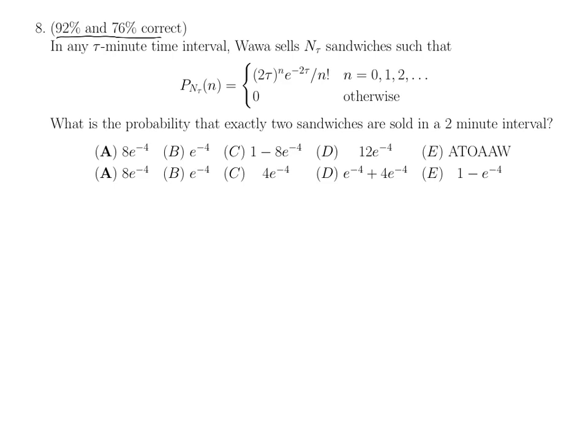But essentially, this is a simpler logic. Exactly 2 sandwiches is just the probability N_tau equals 2. So it's p_N_tau of 2. And I think the logic is a little easier there.